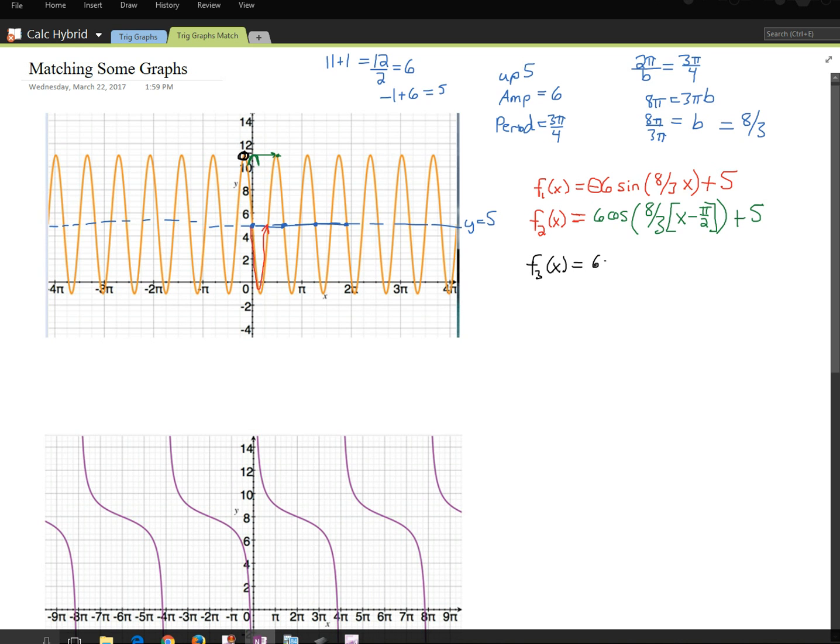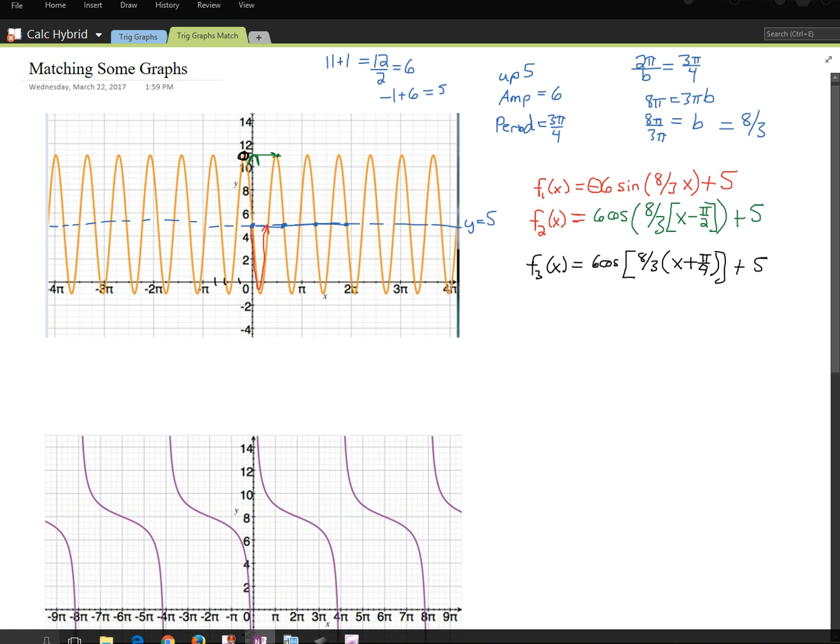So that'd be like 6 cosine, and I'd have my 8/3 in there just like before, except this one would be moving to the left, so it'd be plus. And how far to the left does it look like I went? These look like quarters, so I'm going to say a quarter pi to the left. That's what I had there for that one, plus 5.